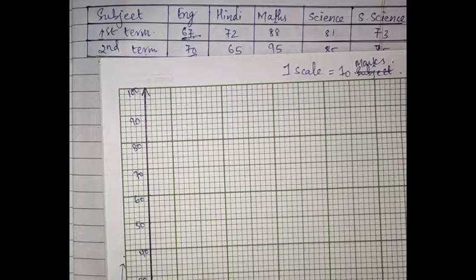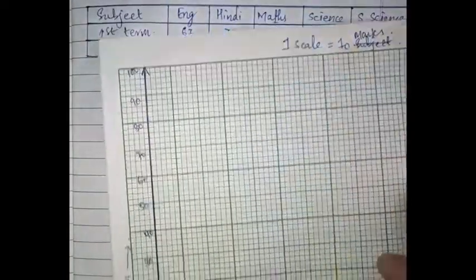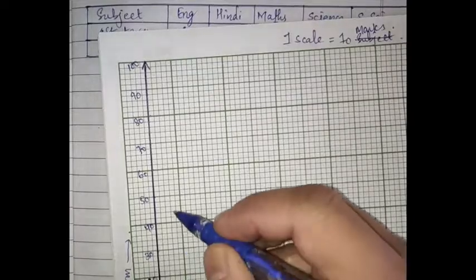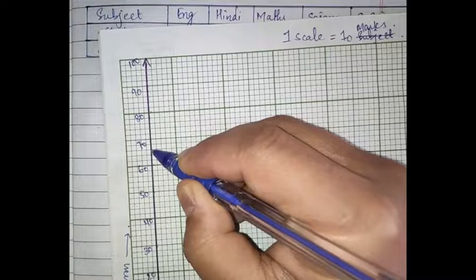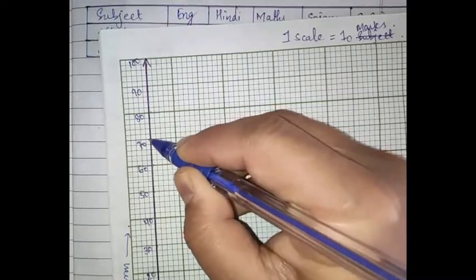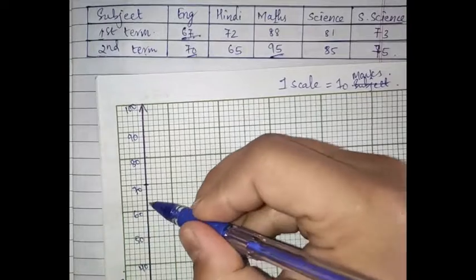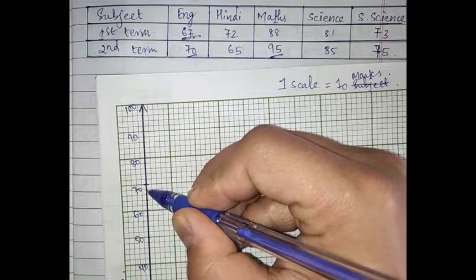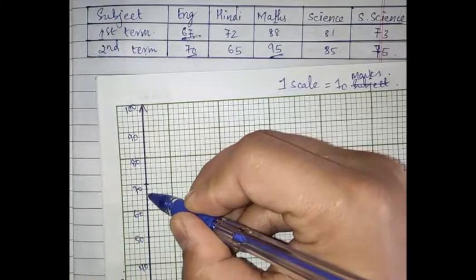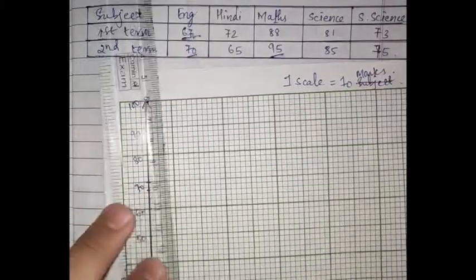So first of all we have to make the bar for 67 for the first term. It is 60 here, 62, 64, 66, 68, then comes 70. So 67 is in between 66 and 68, so 67 will be here. So first we will make it for English.